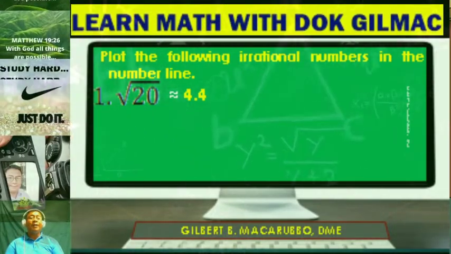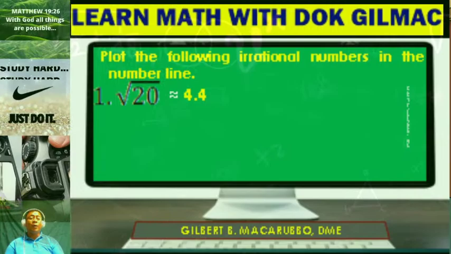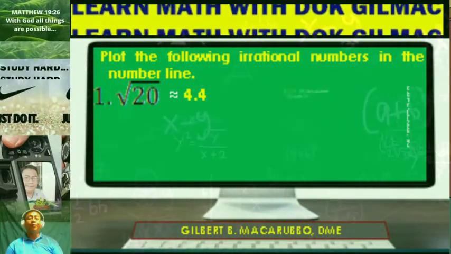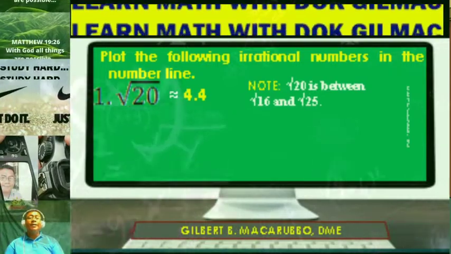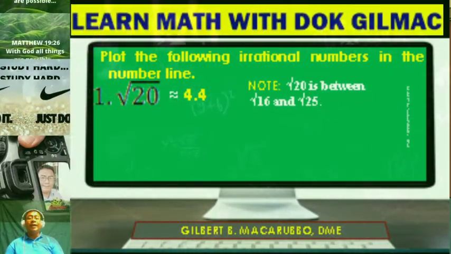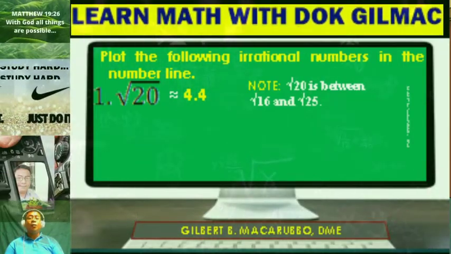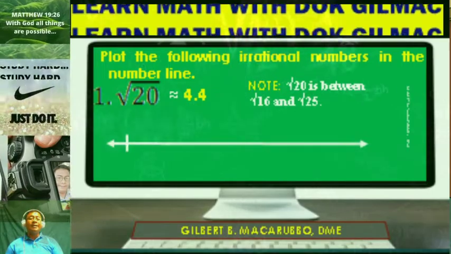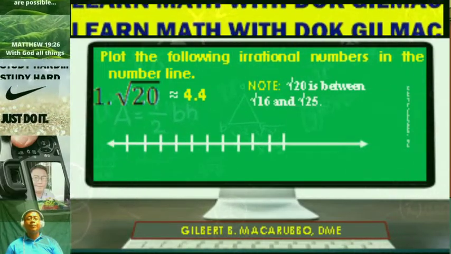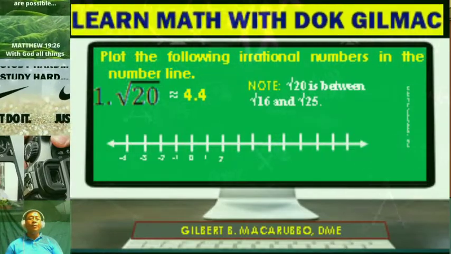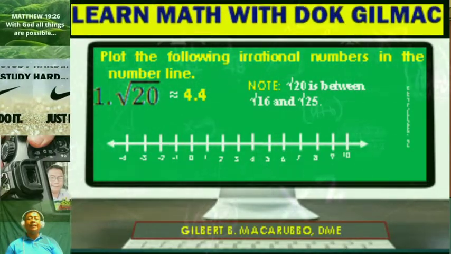Consider number 1, square root of 20, which is approximately equal to 4.4. Take note, square root of 20 is between square root of 16 and square root of 25. Consider the real number line here, class, from negative 4 up to positive 10.